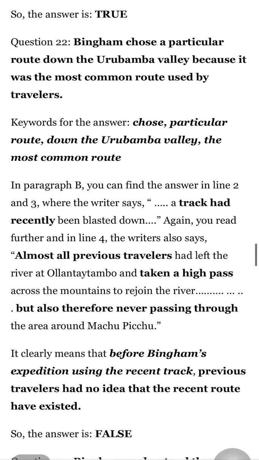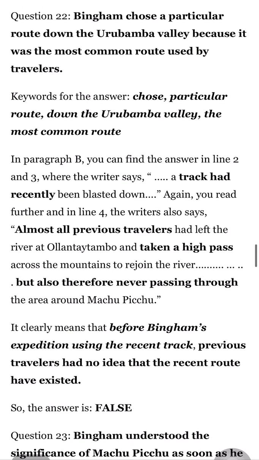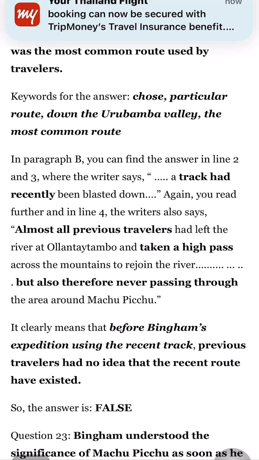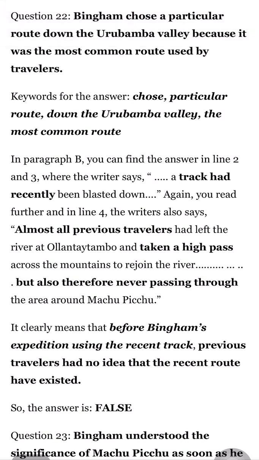Again, in line 4, the writer also says, almost all previous travelers had left the river at Tambo and taken a high pass across the mountains to rejoin the river, but also therefore never passing through the area around Machu Picchu. It clearly means that before Bingham's expedition using the recent track, previous travelers had no idea that the recent route existed. So, the answer is false.